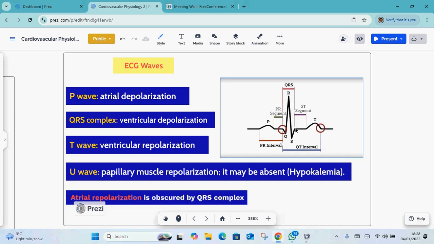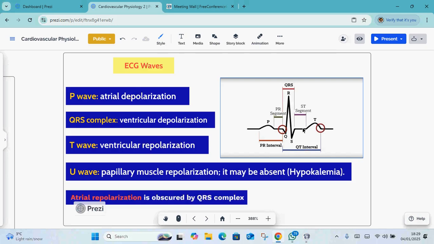From the end of S wave to the start of the T wave, this is called the ST segment. So we have three intervals, and there are 5 intervals; 2 of them are called segments. So PR interval, QRS interval, QT interval, PR segment, and ST segment.